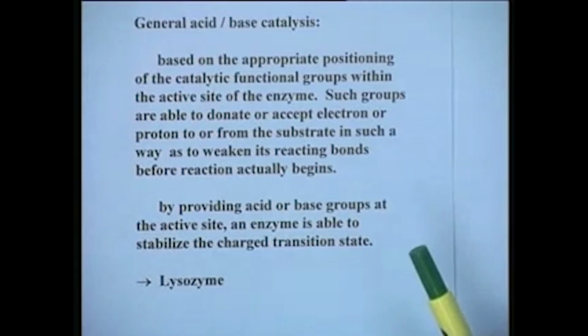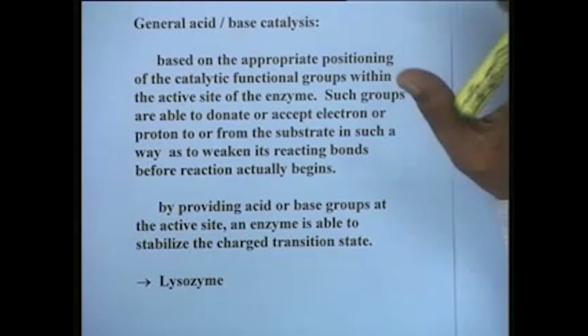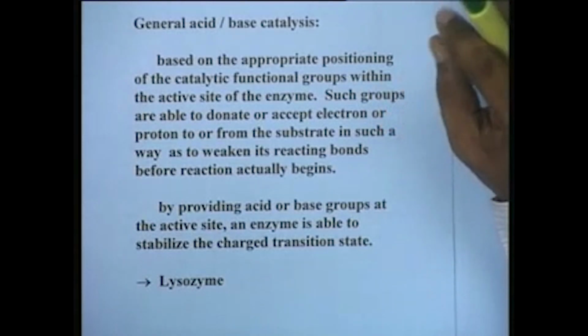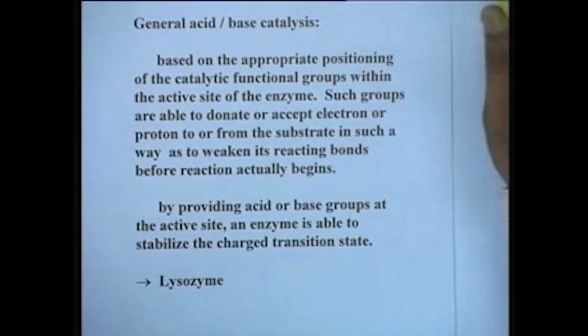Now, this is based on the appropriate positioning of the catalytic functional groups within the active site of the enzyme. Such groups are able to donate or accept electrons or protons to or from the substrate in such a way that it weakens its reacting bonds before the reaction process actually begins.